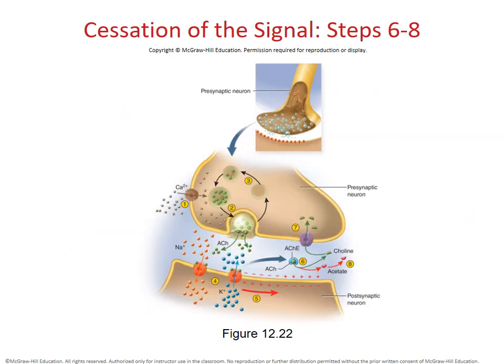And here we see a variety of mechanisms that we talked about. The acetylcholine can get destroyed by acetylcholinesterase. Now, in some synapses, acetylcholinesterase is free-floating in the synapse. In other cases, acetylcholinesterase is bound to the membrane of the postsynaptic cell.